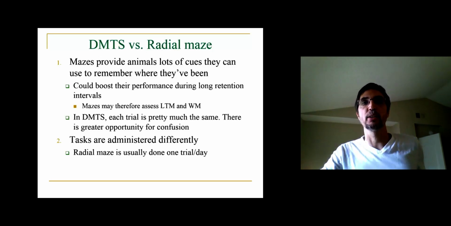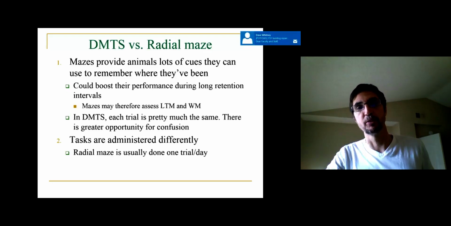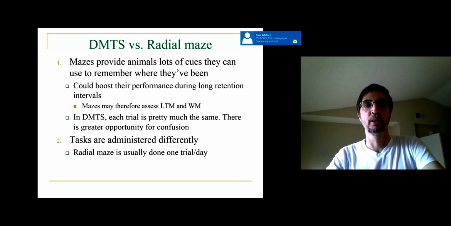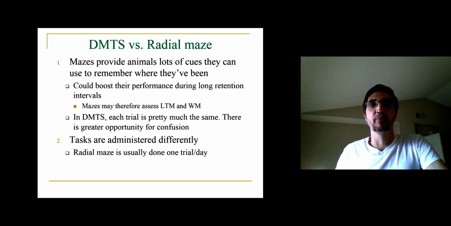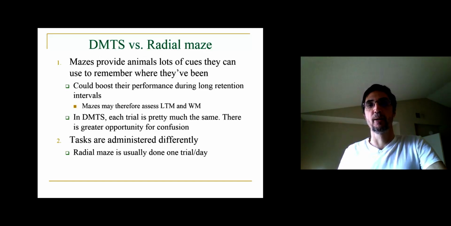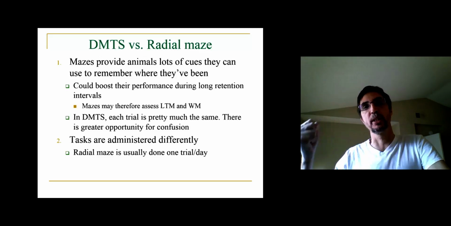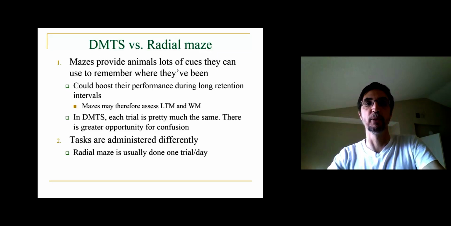As a result, this could boost their performance and make them perform much longer. Another way of saying this is that the mazes don't just seem to be assessing working memory capacity, they also seem to be assessing long-term memory capacity, because long-term memory involves using cues to try to extract something that's been held in much longer memory.